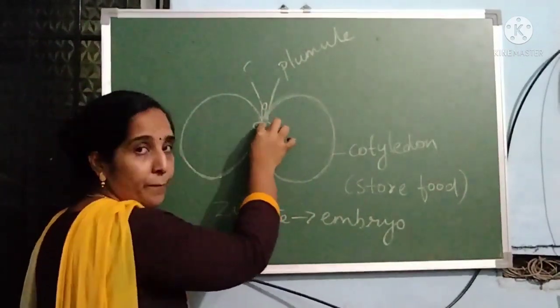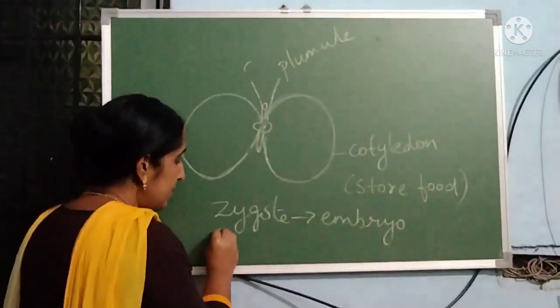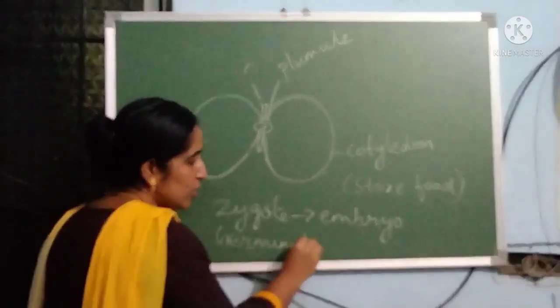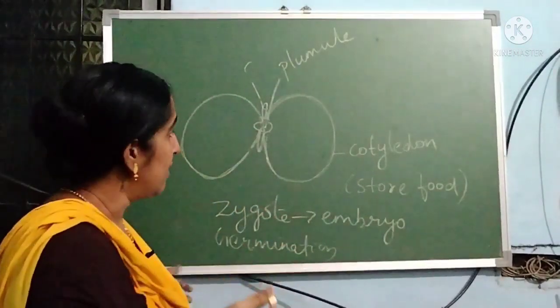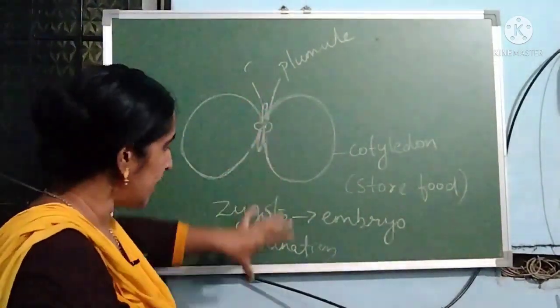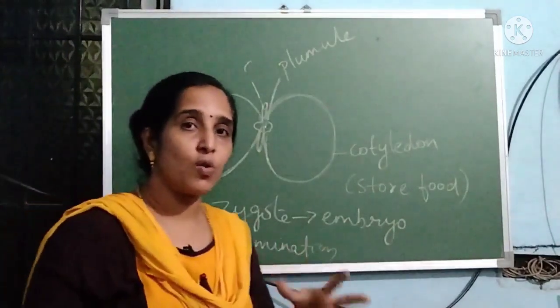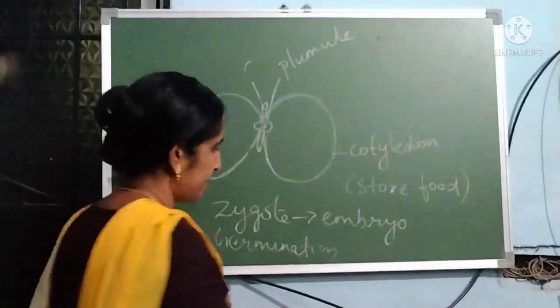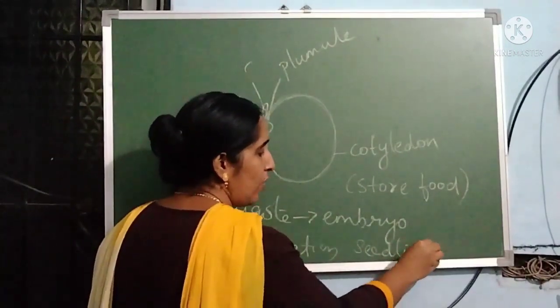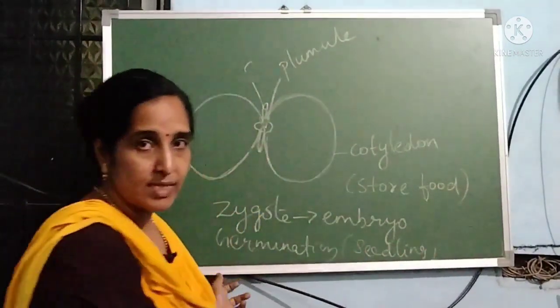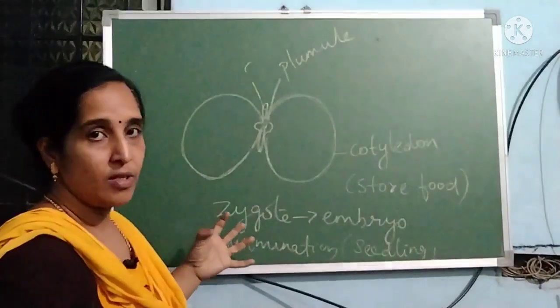This plumule will become a plant after germination. This process is called germination. So germination is the process of becoming a new plant from a seed. Germination is also called a seedling, that is, the growing of a new plant from a seed. Okay.